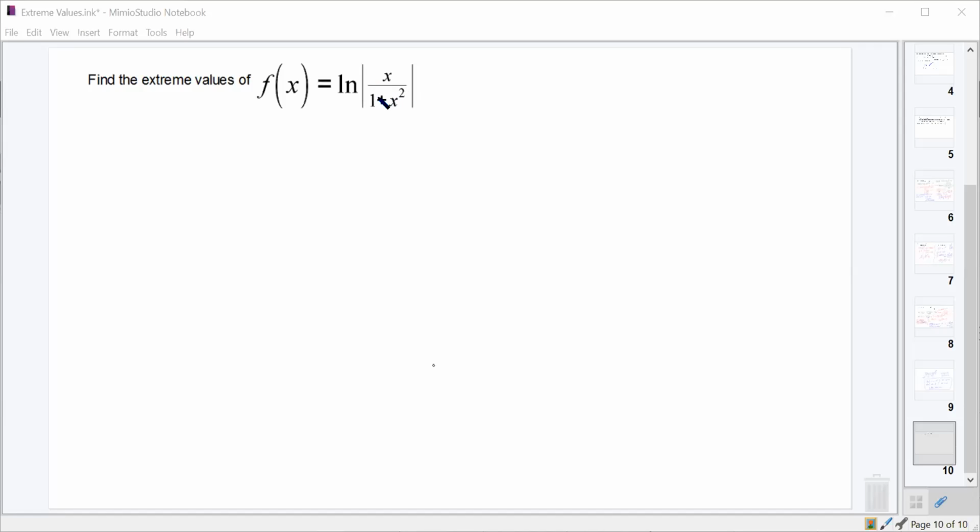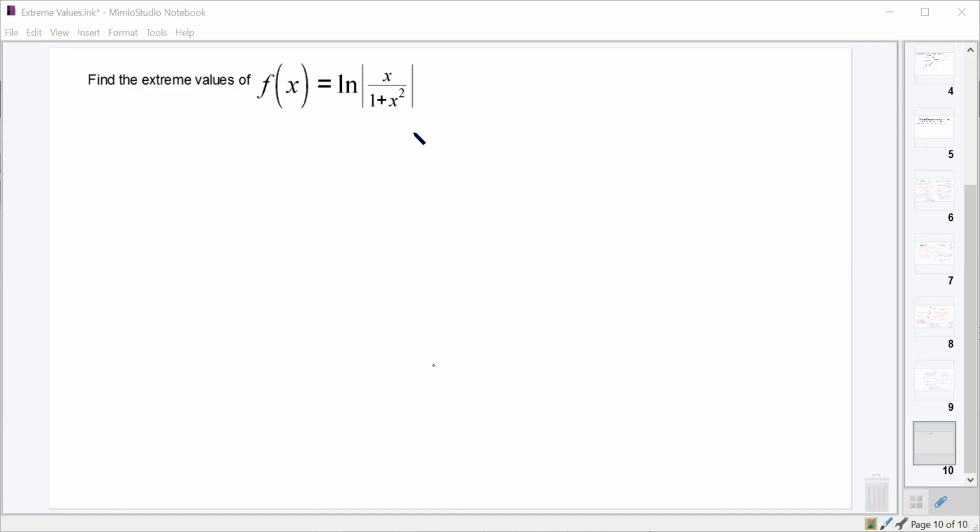about how to get rid of that absolute value. So we could rewrite this as a piecewise function, looking at the domain of this and seeing what happens when we choose negative numbers and positive numbers. So first off, let's find the domain. The only thing that we couldn't have inside of this natural log would be a 0, right? We normally can't have a negative, but the absolute value fixes that problem.